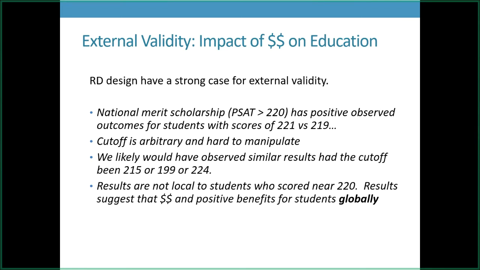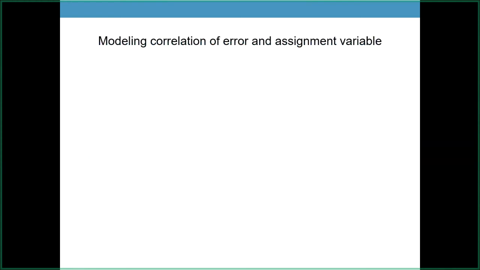The size of the effect might change a little bit as you move along the distribution. Maybe the effect's a little bigger for people who score a PSAT score of 220, and if we had gone up to 250 or 260, it would have gone down. But generally speaking, regression discontinuity has really good external validity.